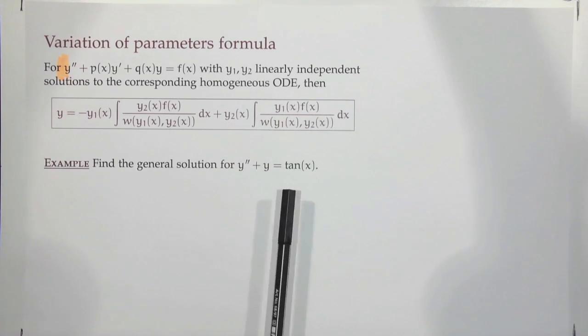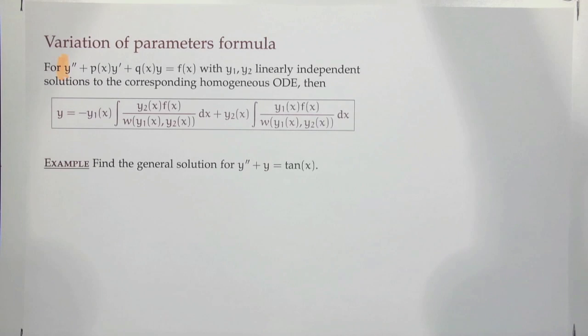Because tangent of x can't come out of a constant coefficient differential equation. The only things that can come out are things that look like products of powers of x, exponential functions, and sines and cosines. And tangent doesn't look like anything like that. So we can't use undetermined coefficients here. So that's good that we have an alternative.